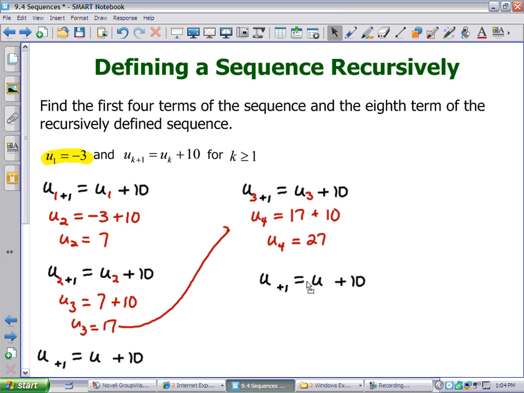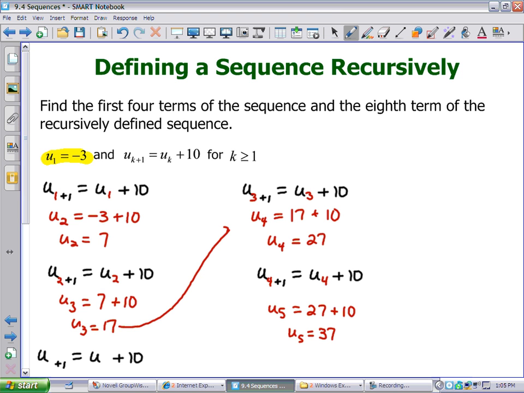Okay, the next one we're going to find, I'm going to plug in 4 for k. So 4 for k. This says u sub 5 is equal to u sub 4, which is 27, plus 10. U sub 5 equals 37.